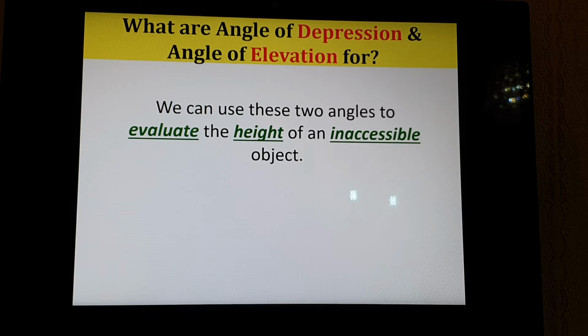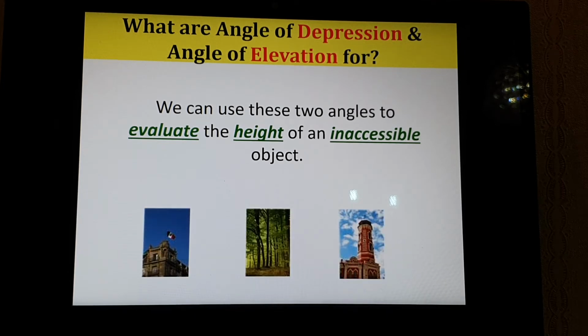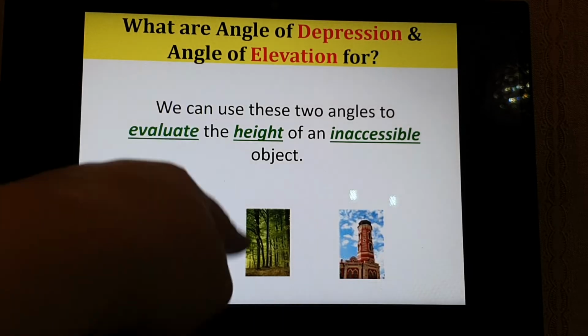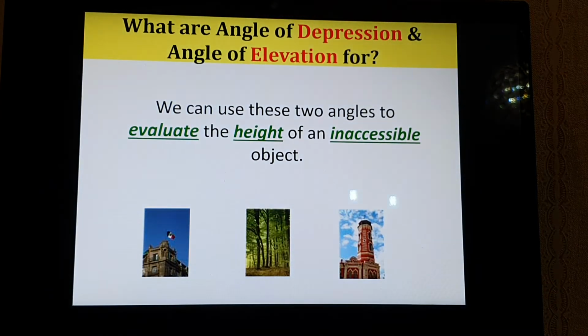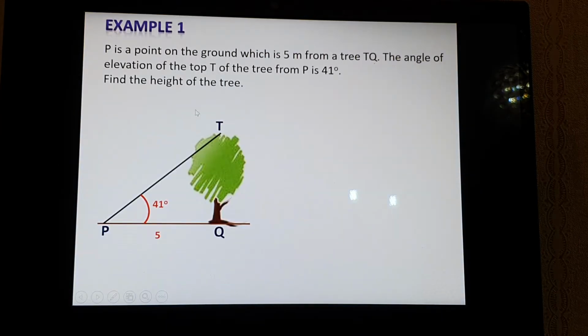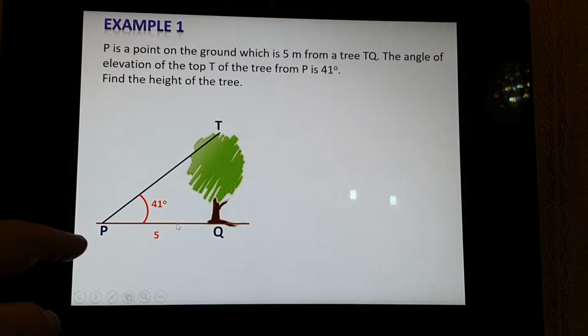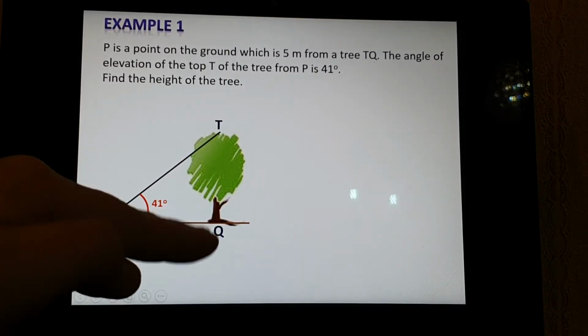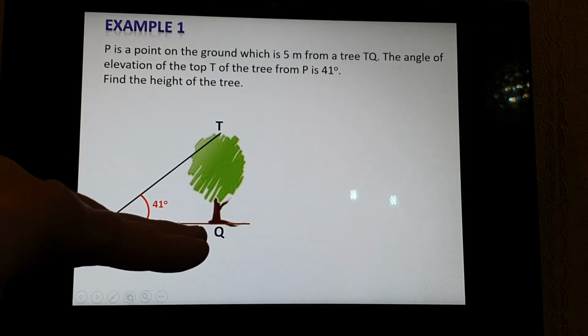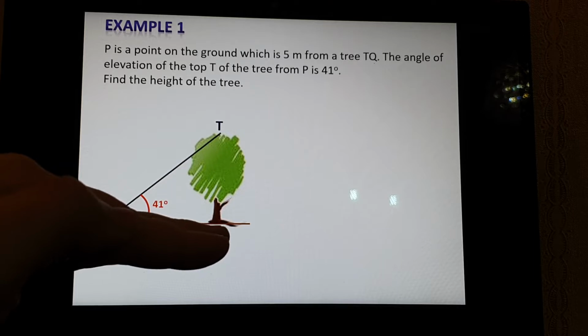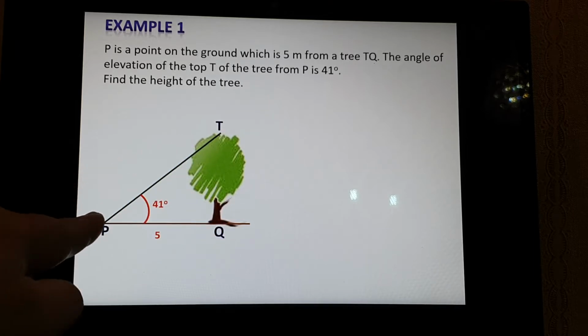Okay, what are these used for? Last time, people didn't have lasers or sensors. So in order to measure the height of certain buildings or mountains, they used trigonometry to help them. They can use this thing called a clinometer. Next time I'll show you how to make one. With a clinometer, you can find the angle. You tilt the clinometer and find that it's 41 degrees.